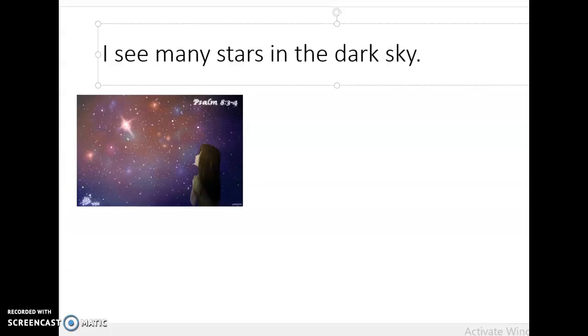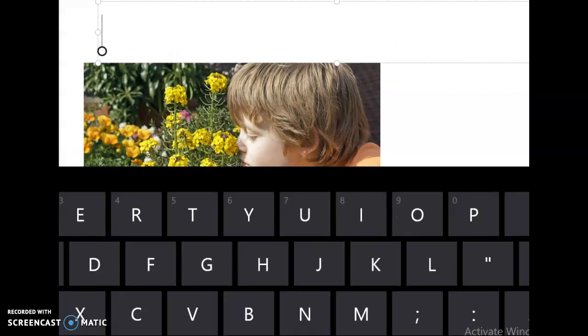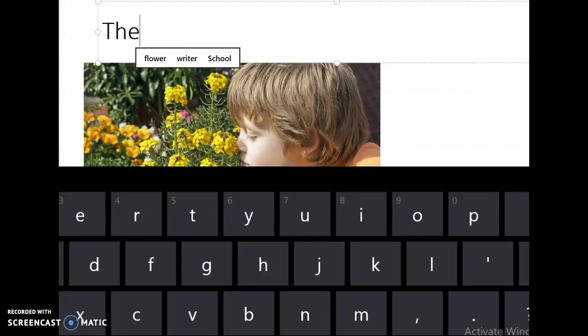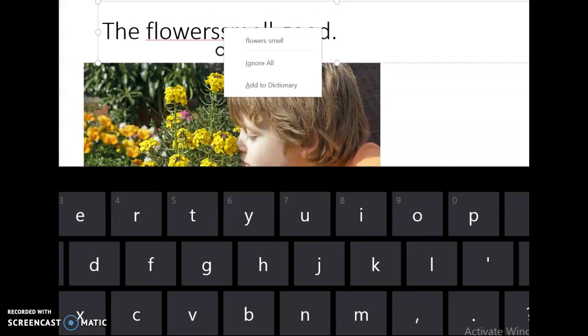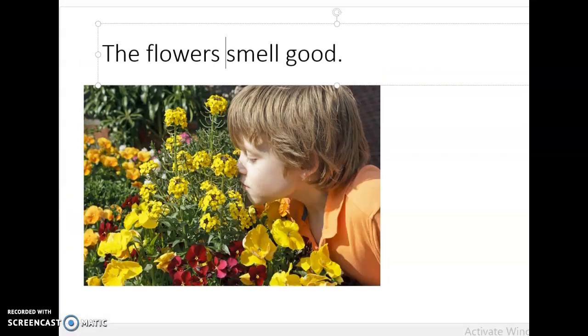Even if it's happening now, I cannot say I'm seeing stars, because I'm not doing an action. My eyes looked and we see stars. That's it. Okay? And another thing, for example, this one. If I'm talking about the flower, I say the flowers smell good, because the flowers are not doing an action. They smell good. Okay? So we don't add ing to them.